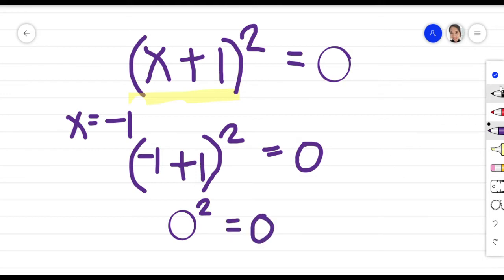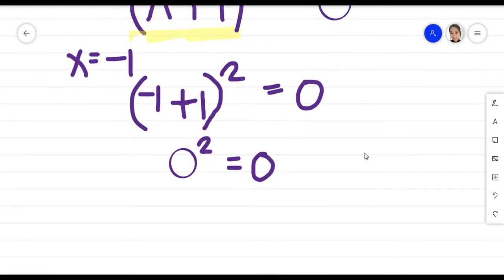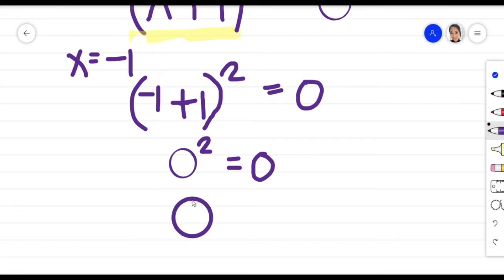And 0 squared equals 0. So, 0 equals 0 is true.